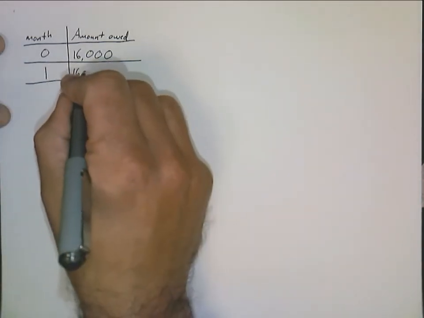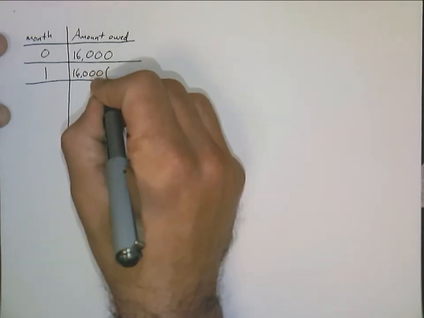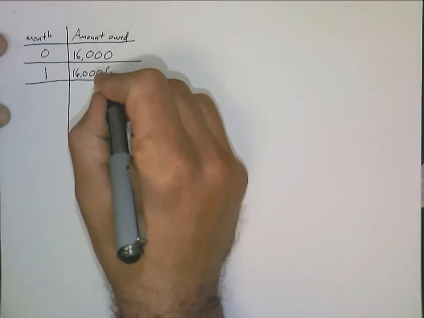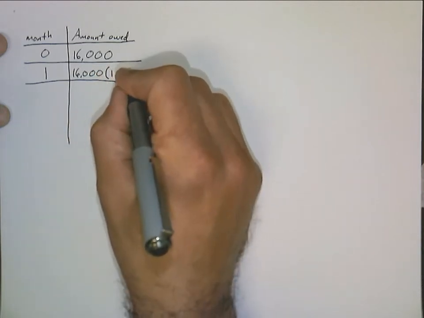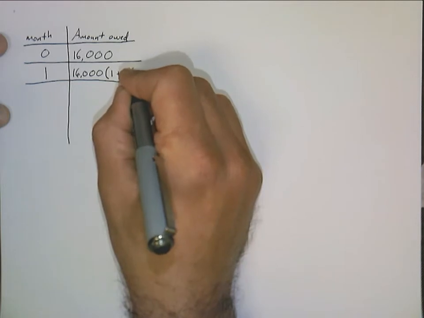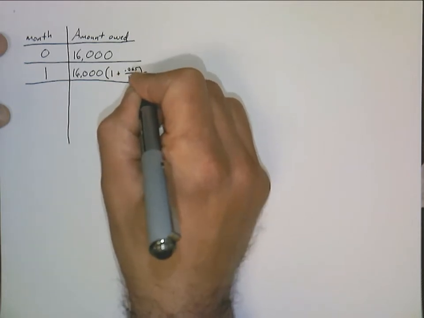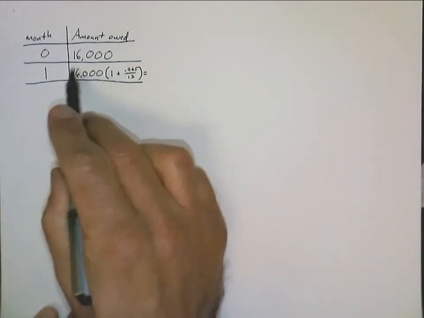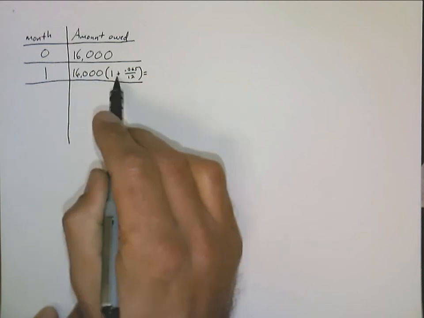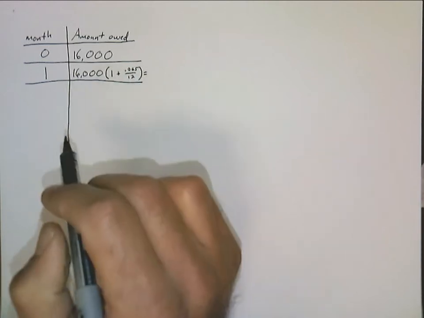we have $16,000 that we owe back, but we have to multiply that by 1 plus the monthly interest rate, 0.065 divided by 12. Right? The 1 tells us that we have to pay back the principal plus this monthly interest rate times the principal.